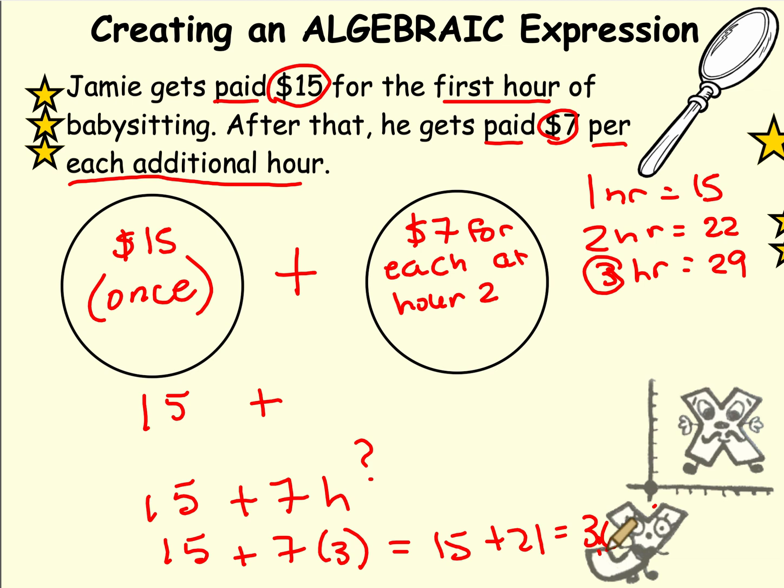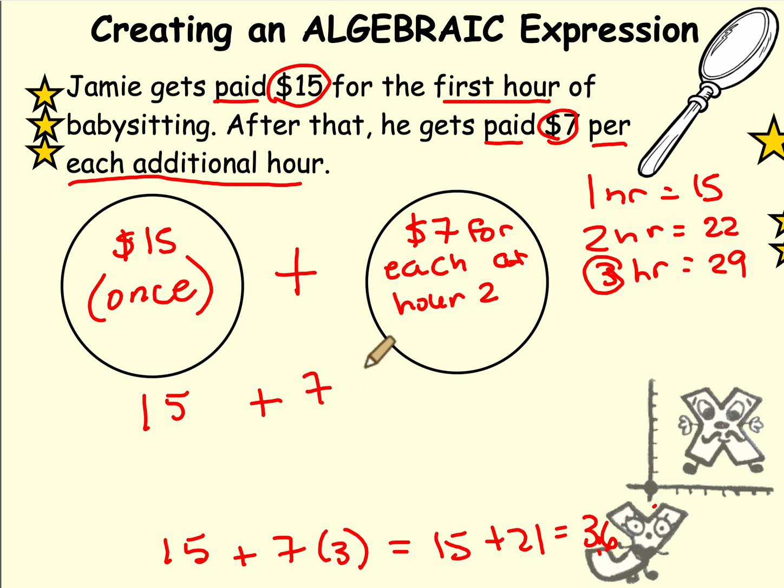So that's not our expression. So what's the difference? Well, remember he's only getting $7 for each hour after hour 1. So even though he worked 3 hours, we have to deduct 1 hour, because remember he got paid $15 for that one.